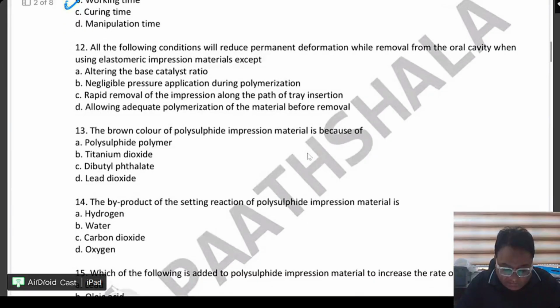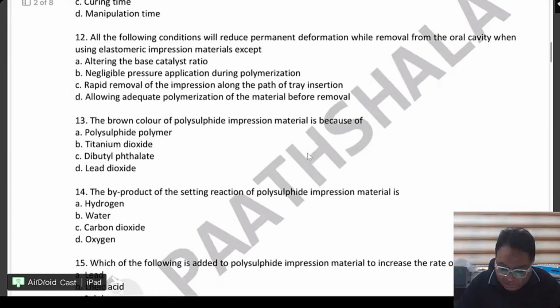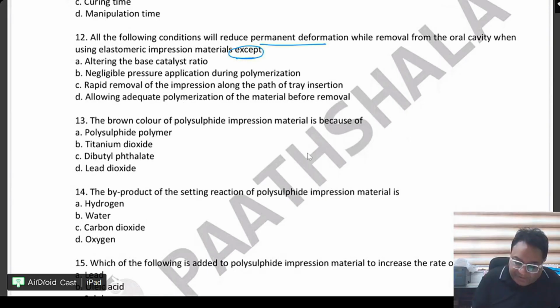All of the following conditions will reduce permanent deformation while removal from the oral cavity when using elastomeric impression materials, except. Allowing adequate polymerization will reduce it, this is what we want actually.